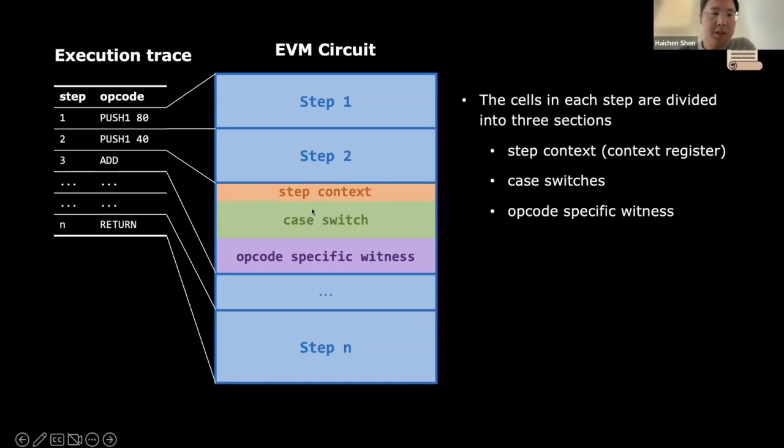So once you turn on certain selectors, it will assume the third section, the opcode specific witness, is put into certain values in a certain layout, and you also trigger those constraints to constrain the opcode specific constraints as well. That's why the third section is the opcode specific witness.